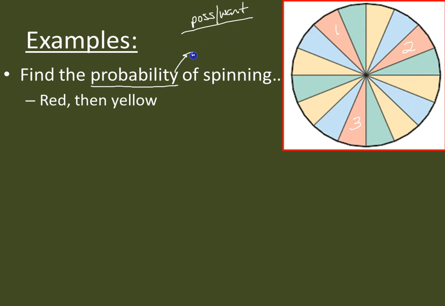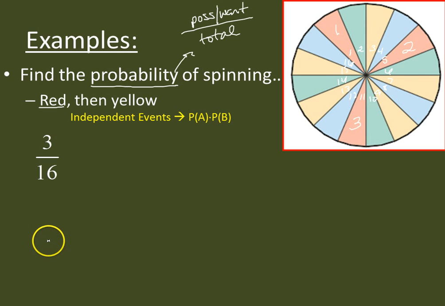When you're talking about probability, it's always over the total. So I need to go around and count my total. So I've got 1, 2, 3, 4, 5, 6, 7, 8, 9, 10, 11, 12, 13, 14, 15, 16. So what's my probability of getting a red? Red is 3 over 16.